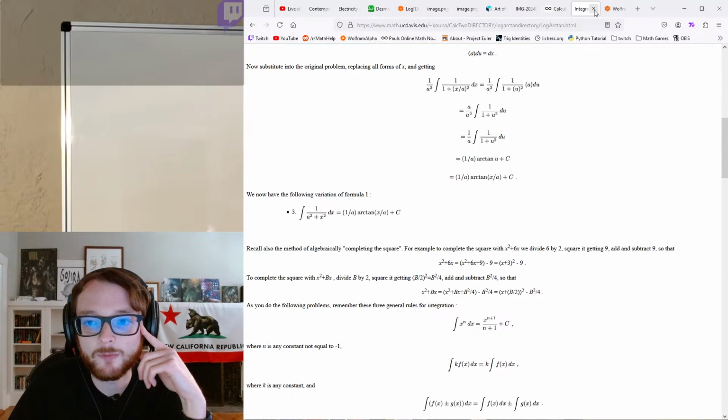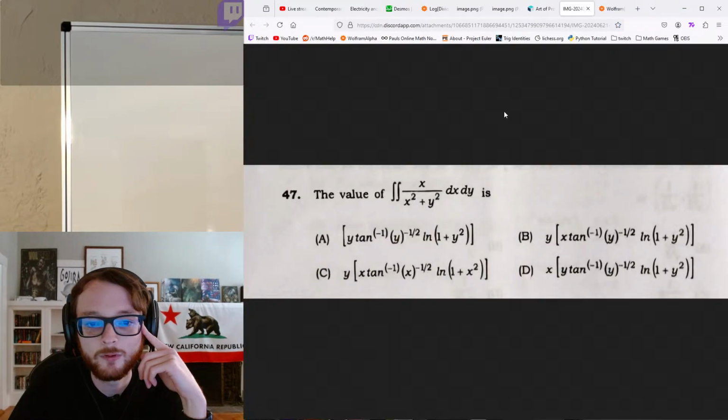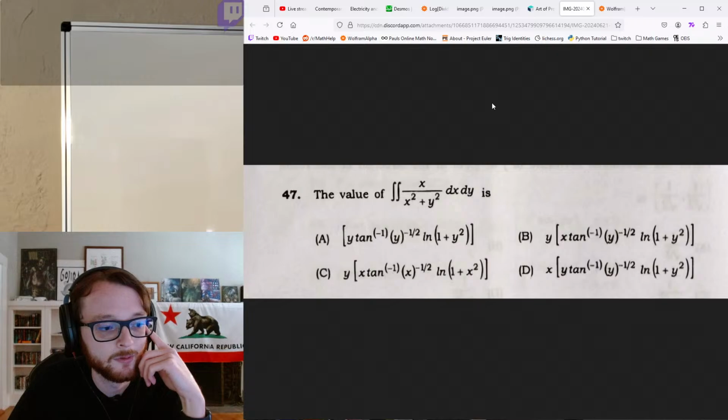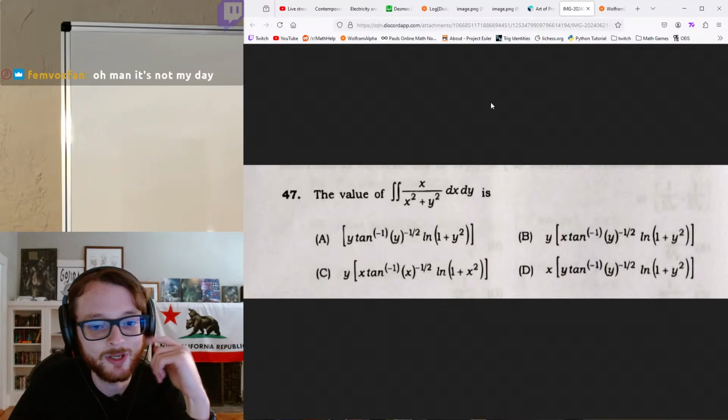Do any of them simplify? Like, are they not given in simplest form? Partial differentiate the options?